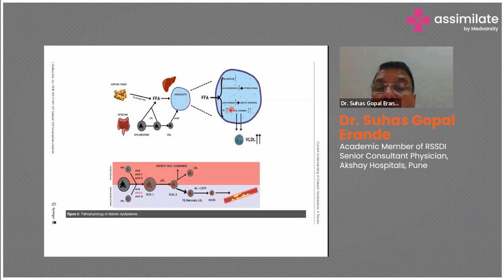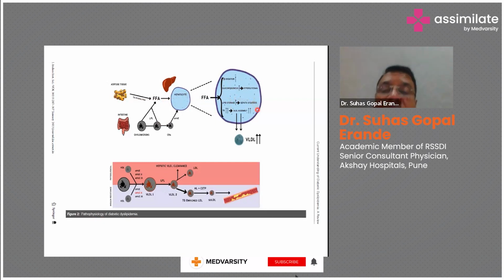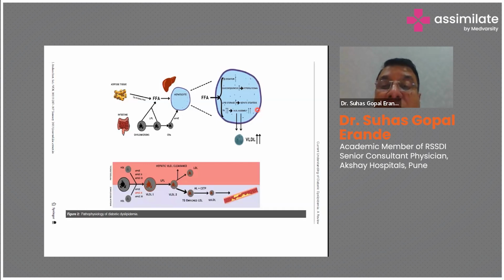And the lipid storage unnecessarily, rather than in the adipocytes, the body tries to accommodate these lipids in the hepatocytes. So that creates what is called hepatic steatosis. The latest name of this is metabolically associated steatotic liver disease, or MASLD, which, if you have listened to me in the last lecture, I was talking about fatty liver or NAFLD or MASLD.